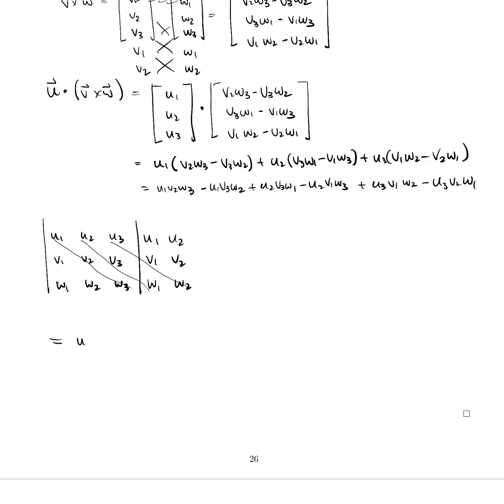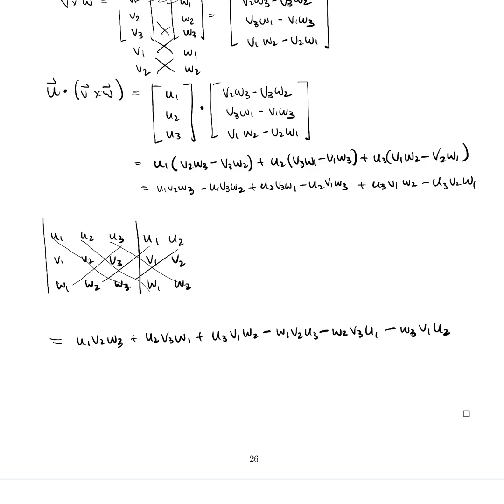So we're going to get here u1 v2 w3 plus u2 v3 w1 plus u3 v1 w2, minus the other products. So minus w1 v2 u3, minus w2 v3 u1, and minus w3 v1 u2.